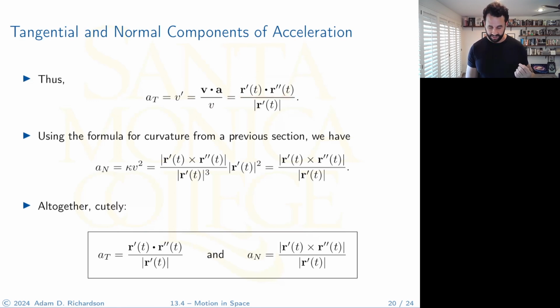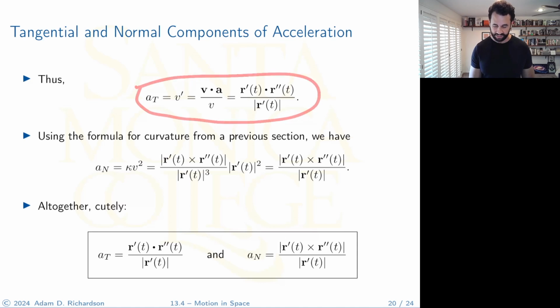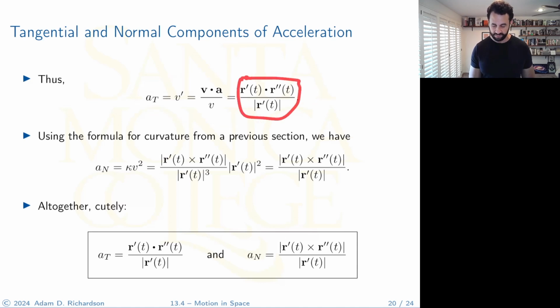And remember that little v is just the speed, the length of the velocity vector, so down here we take the length of r prime of t. Now we actually have a formula for the tangential component strictly in terms of the first and second derivatives of the position vector. That's handy, because if you start with a position function, differentiate it once, differentiate it twice, you can find the tangential component of acceleration using this formula.